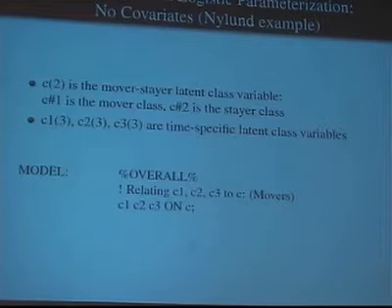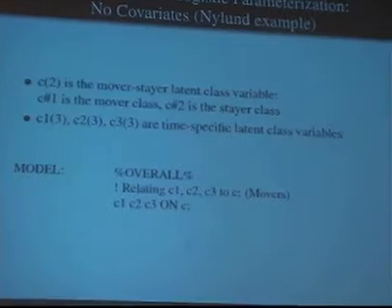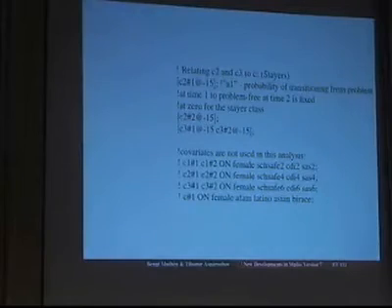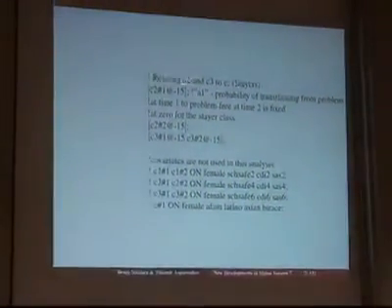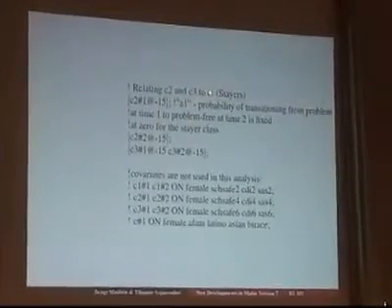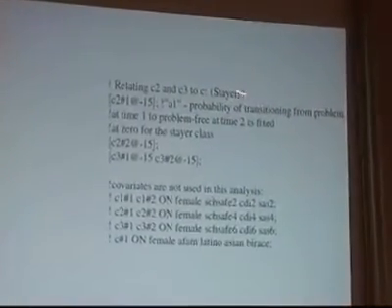And you relate all of the latent class variables to C for movers. And you do the same thing, and those are free parameters to be estimated. And you relate C2 and C3 to C for the stayer class.